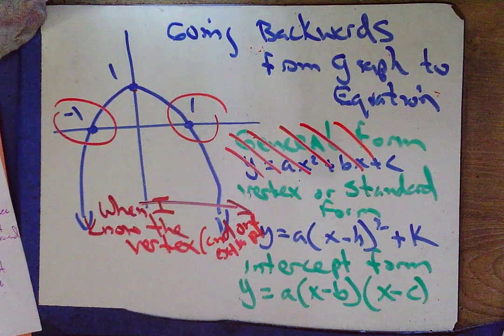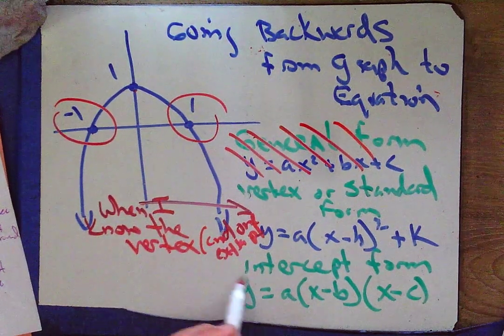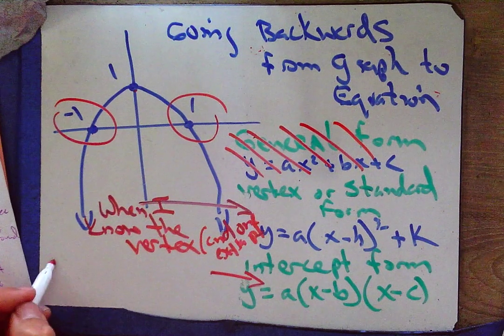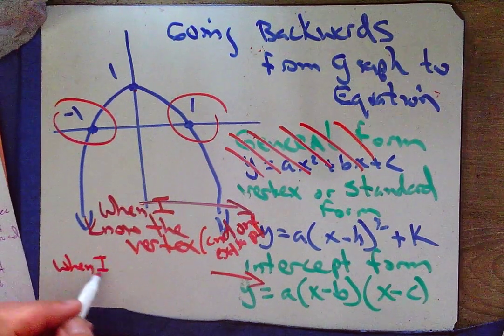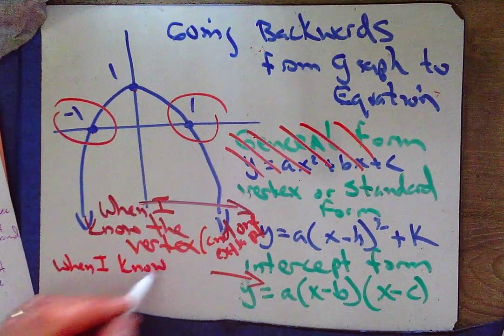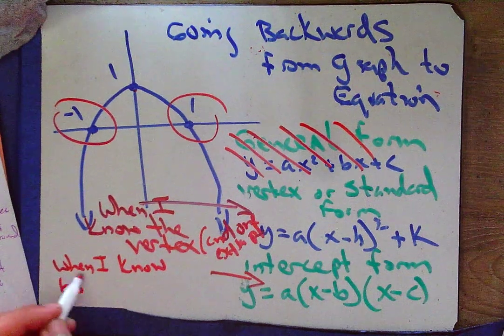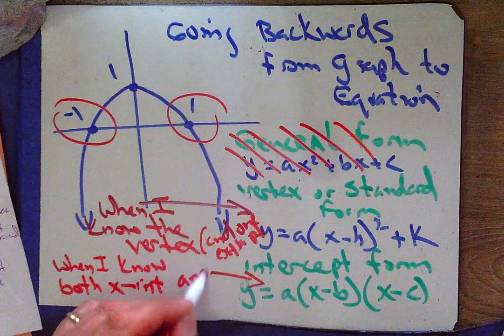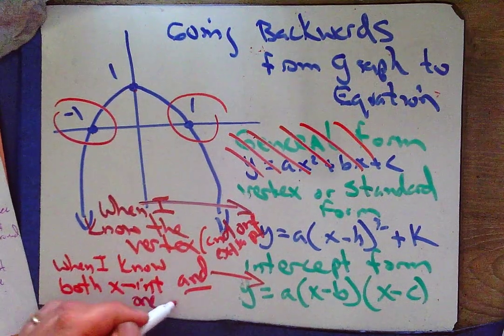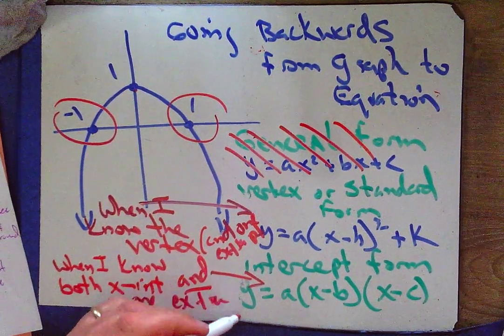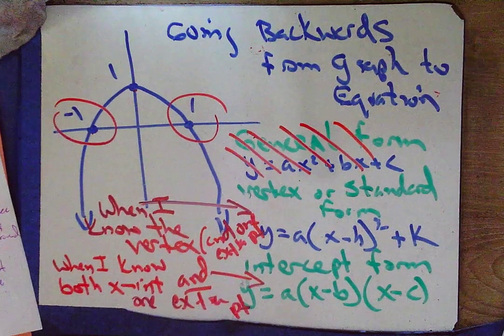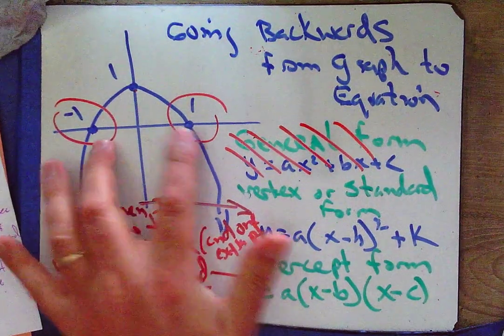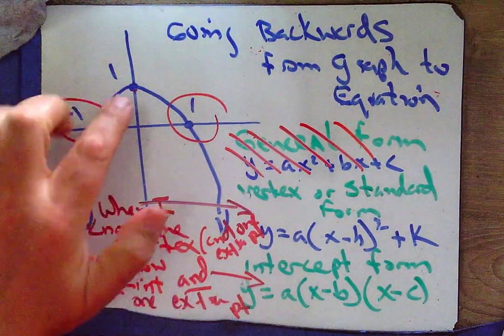And when do I use intercept form? I use intercept form when I know both x-ints and one extra point.